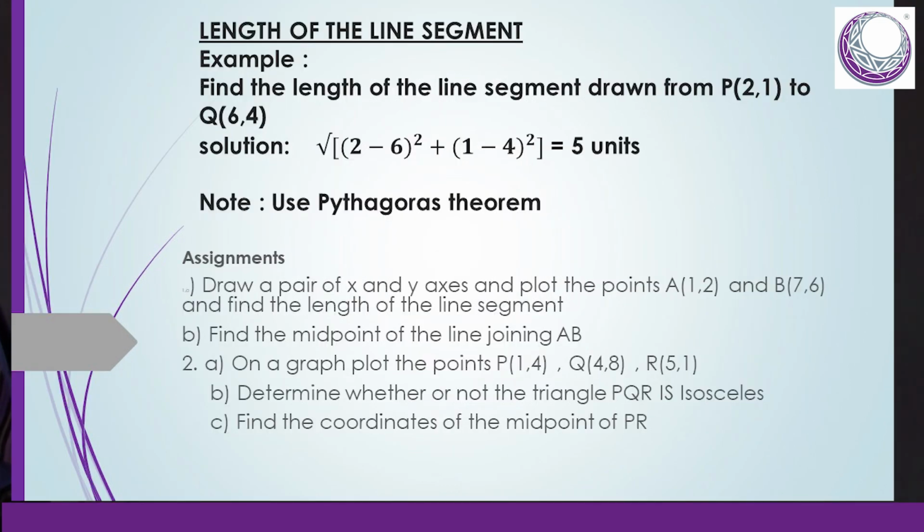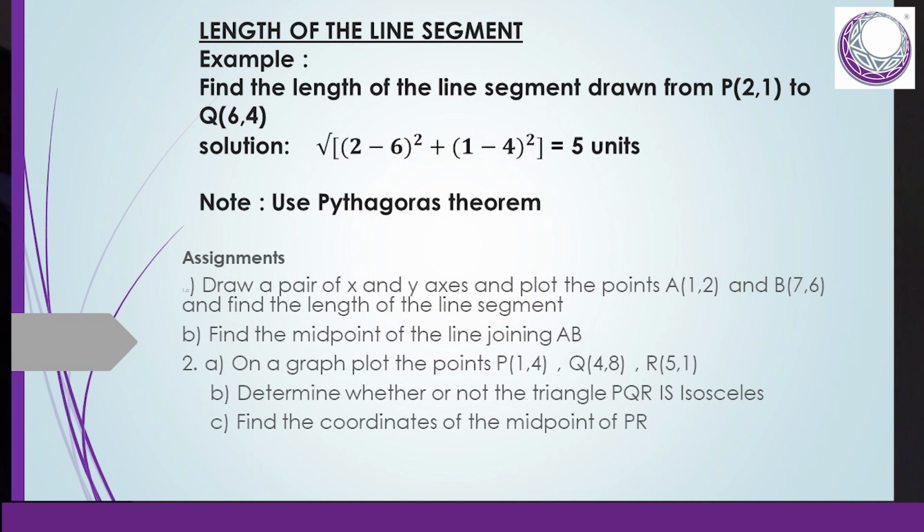I want to find the length of the line segment, or in other words, the line joining the two points. For example, find the length of the line segment drawn from P, which has the coordinates (2, 1), to Q, which has the coordinates (6, 4).